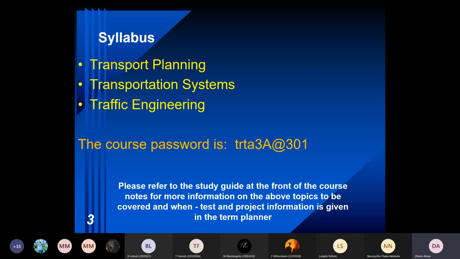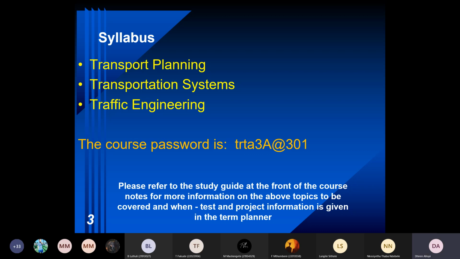You need to satisfy graduate attribute 4, GA4, which deals with investigation, data analysis, and so forth. That is covered in test 2, so test 2 basically assesses your graduate attribute, GA4.